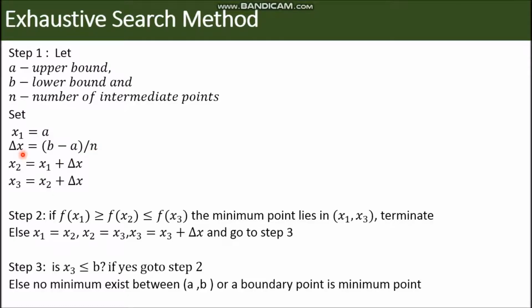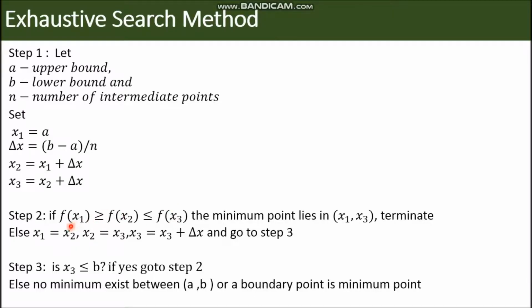So x2 is nothing but x1 plus delta x, and x3 is nothing but x2 plus delta x. That means we are taking 3 points starting from the lower bound, that is x1. After getting these 3 points, we substitute them in the function and get the function values f of x1, f of x2, and f of x3.